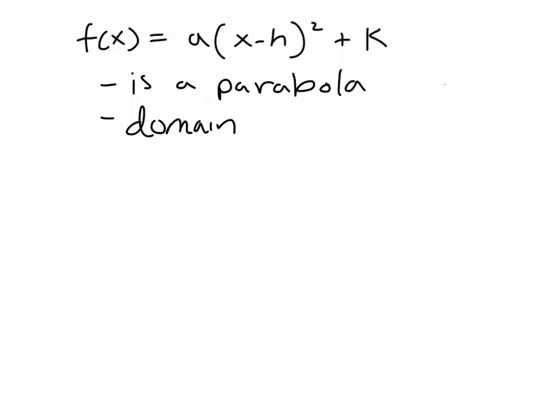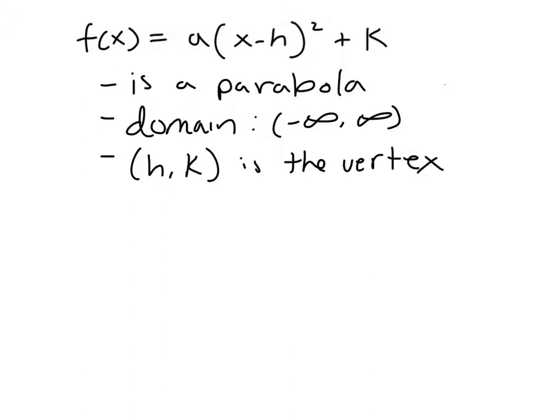The domain is what you're allowed to put in for x to get a real number out. For quadratic functions, it is always negative infinity to infinity. I can put in any real number for x, and I'll get a real number out for y.